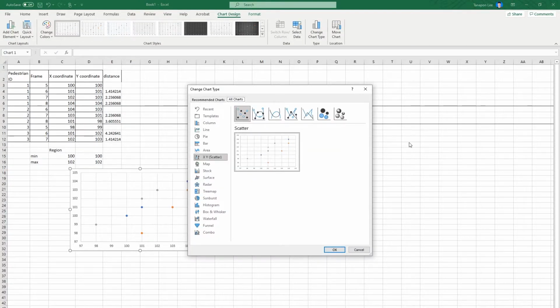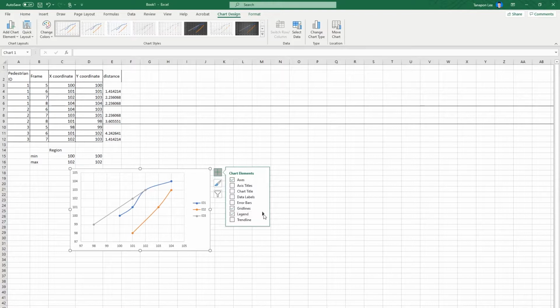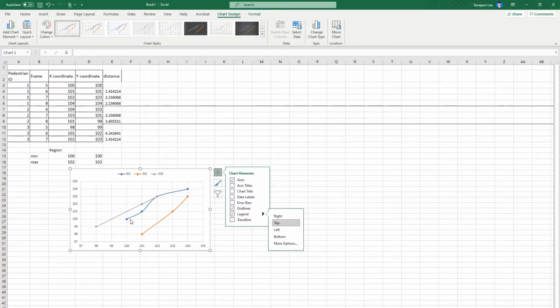Strap type thing. Yep, that will be better. So now we have this line to connect this dot, so we know the trajectory for each person. We can put in legends on top maybe. So ID 1 starts from here, and then he walks northeast, and there's ID 2.